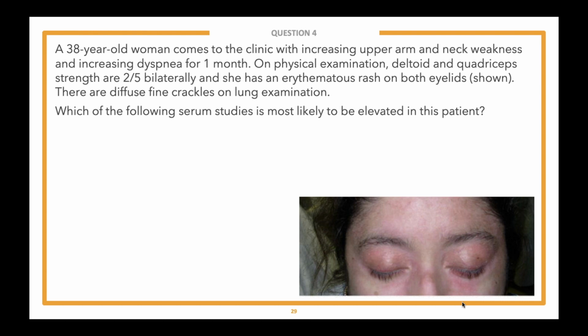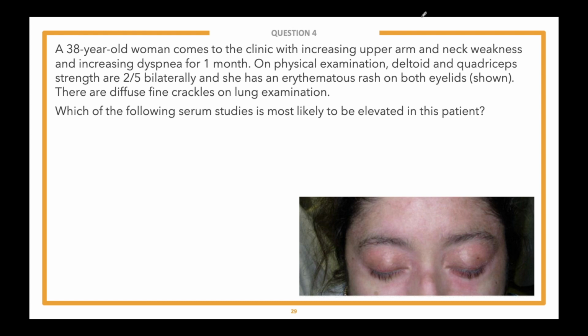We'll move on to the vignette. All right, I see some responses coming in. Let's go ahead and read that vignette. A 38-year-old woman comes to the clinic with increasing upper arm and neck weakness and increasing dyspnea for 1 month.